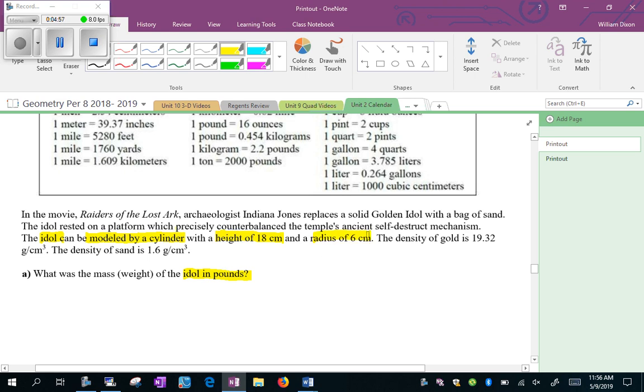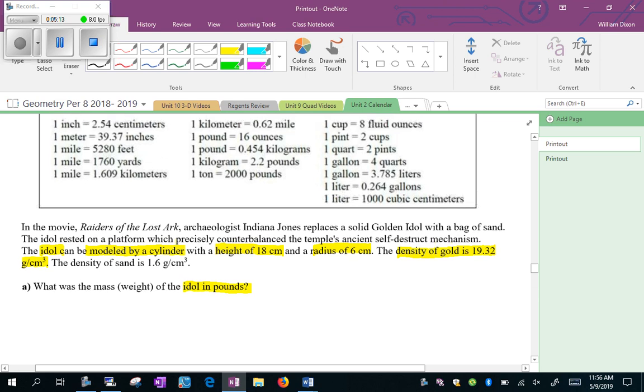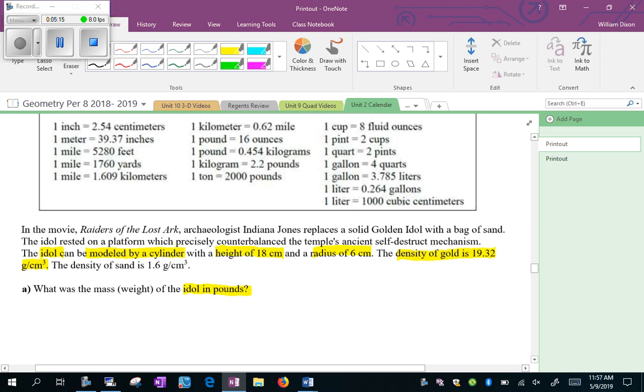I think that's very important because we know volume is in play. The density of the gold is 19.32 grams per centimeter cubed. So I know I'm going to have to use some conversions here from my table because I have grams, I have centimeters, and all of those are going to come into play.